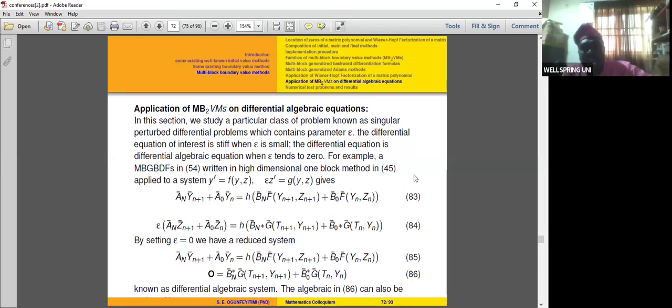Unlike authors who convert the differential algebraic equation back to ODE and solve, we do not convert it. We only assume, by taking the first derivative part of the method for the second equation, we set it to 0, while the function still remains.